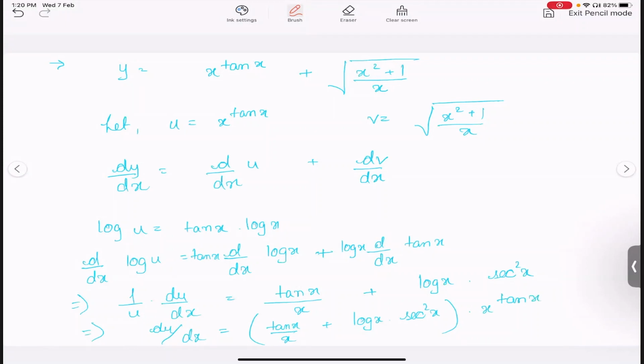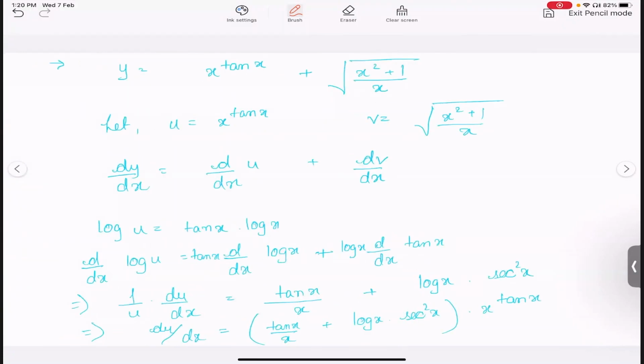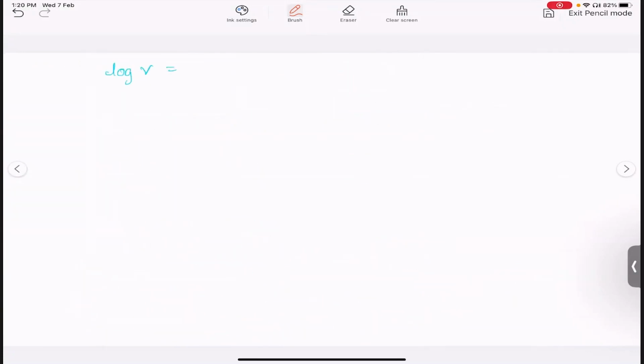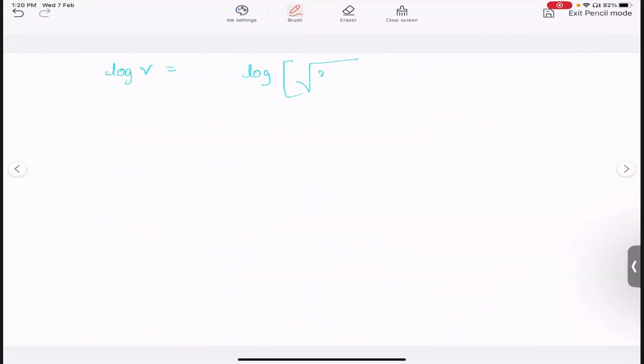Now we have to solve for the second one. So let's say log of v will be equal to, we have a square root, so first let's write down the whole function, the square root of x square plus 1 by x.